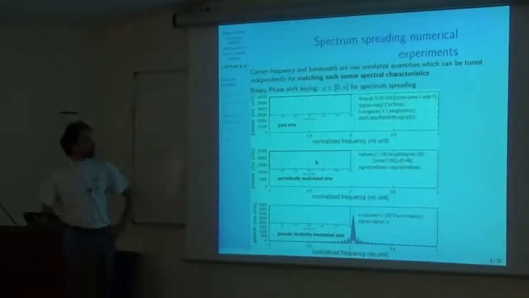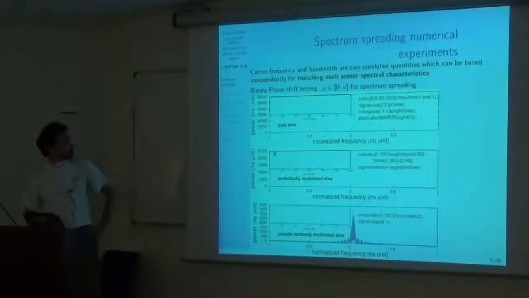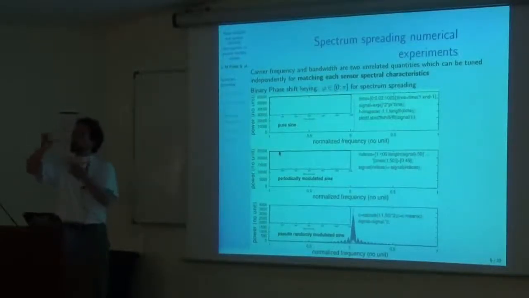Well, one thing I can do is introduce some binary phase shift keying. Binary phase shift keying simply means I take 1 out of 2 periods and I flip the phase. So I start with 0 phase, and then at some point I decide, let's flip the phase. So I introduce a 180-degree phase shift, then I flip the phase again, 0 phase shift. So 1 out of 2 periods, I flip the phase.